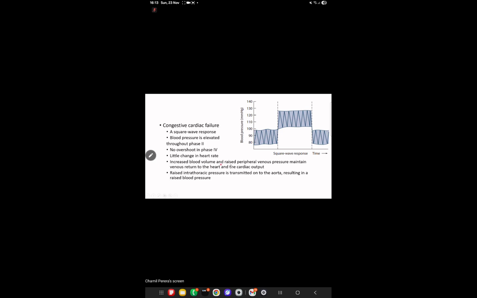So the increased blood volume and raised peripheral venous pressure maintain venous return to the heart and the cardiac output. So basically what happens is the intrathoracic pressure which is transferred onto the aorta remains. And when you take it out, you come back to normal.